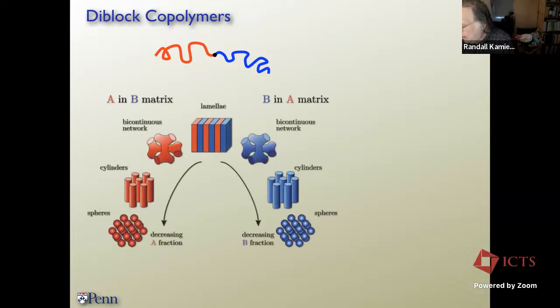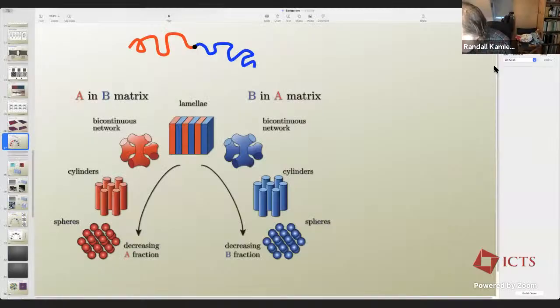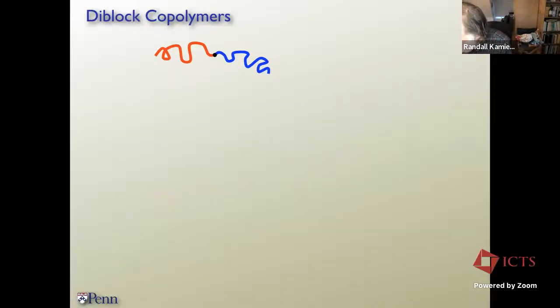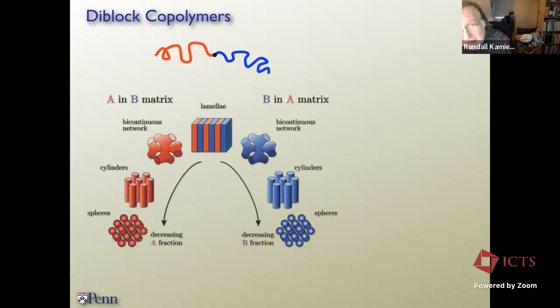So they form these complex phases where they try to separate. So for instance, in some ways, the simplest one is, again, remember it's morning for me here. Okay.